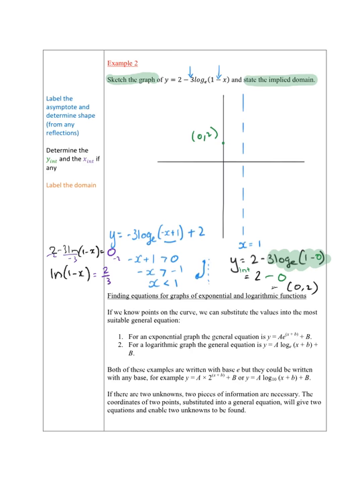We can rewrite this as 1 minus x equals e to the power of 2/3 if we base e both sides. If I subtract 1 and then multiply by a negative, I find my final answer that x is equal to negative e to the 2/3 plus 1. And we know this to be a negative number.